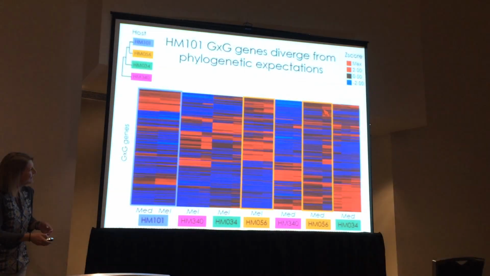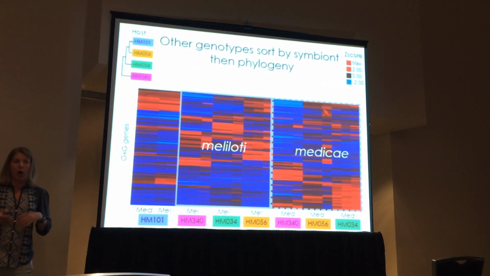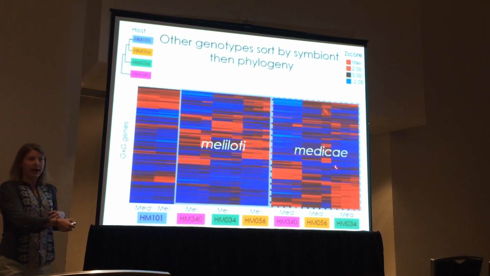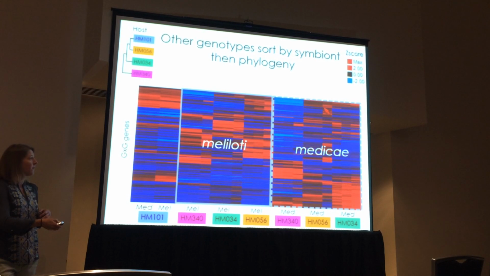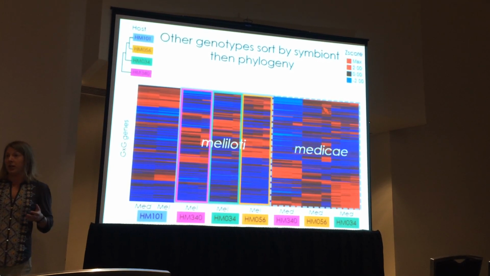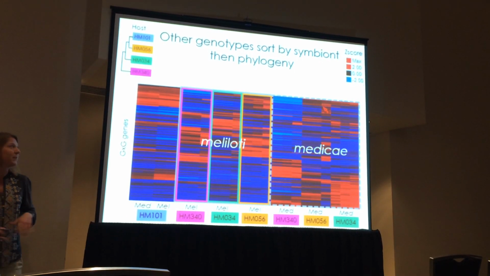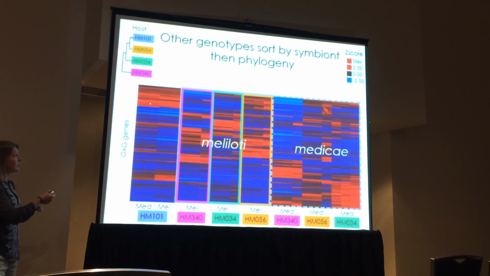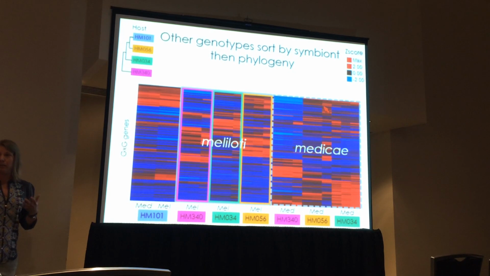Another thing to note is that all the other genotypes are falling out first by their symbiont identity, and then they're falling out by the phylogenetic relationships we would expect to see. So there's a lot of stuff going on here. We're just starting to dig in to what some of these patterns might be.